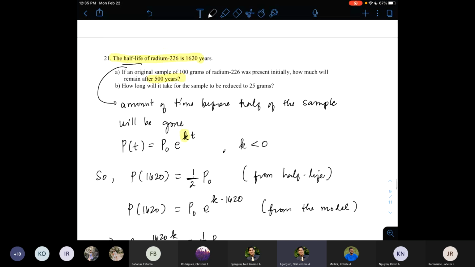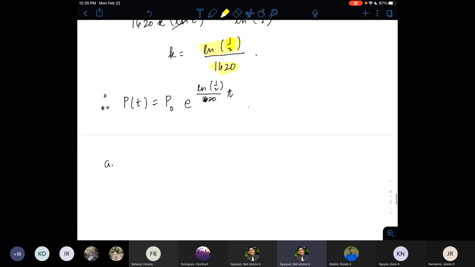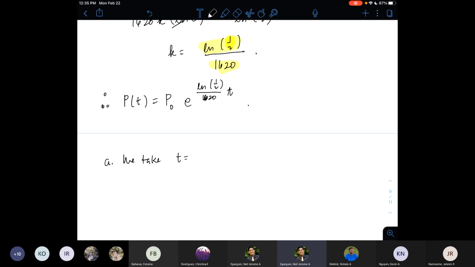It tells us to compute how much of the radium will be left after 500 years if originally 100 grams of it is present. Okay, so that means here we take t equals 0 to be the current time.